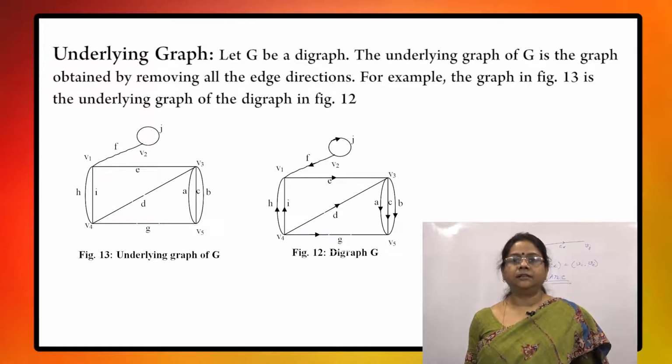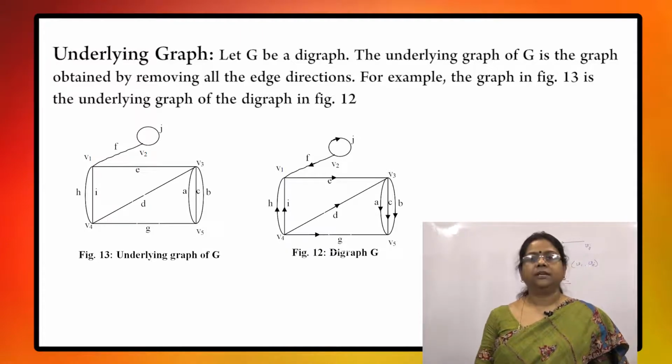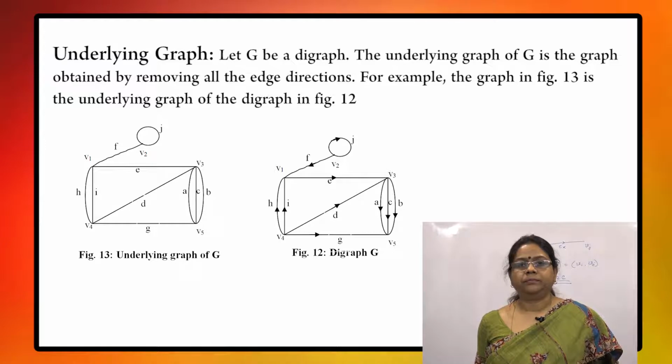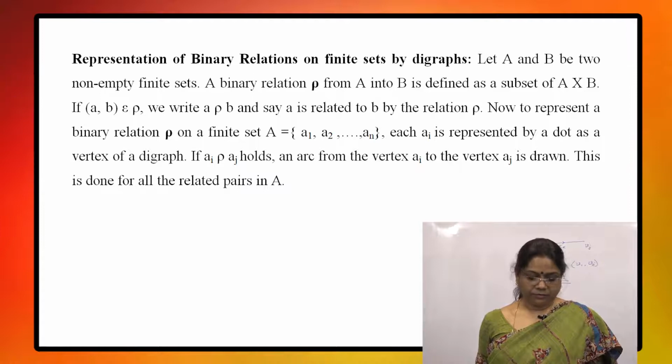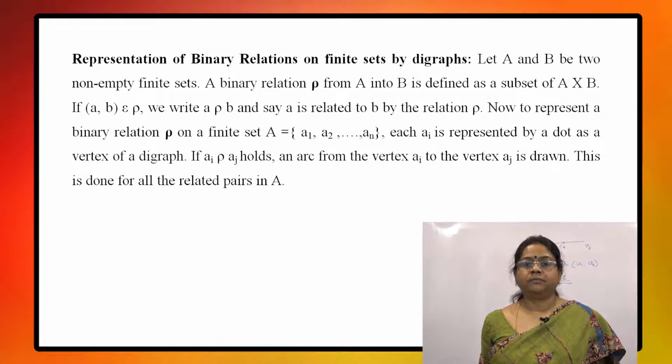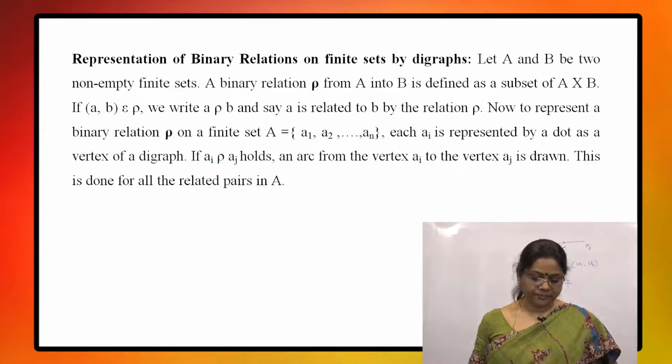Now this digraph is used in many subjects, many topics, to represent things with more clarity. We will discuss here one of such representations. We all know what a binary relation is.